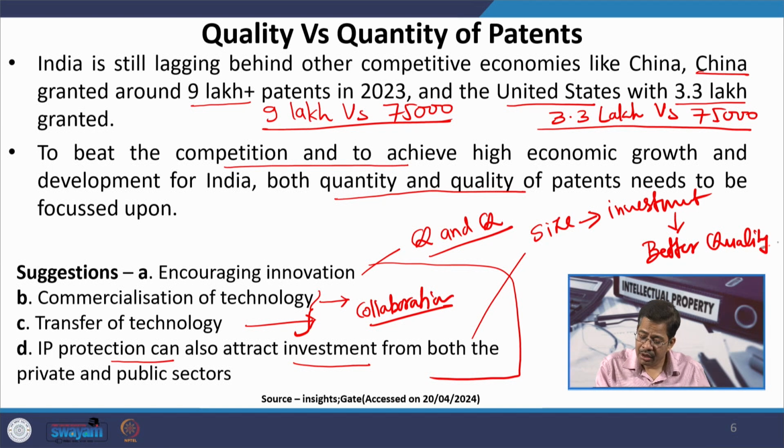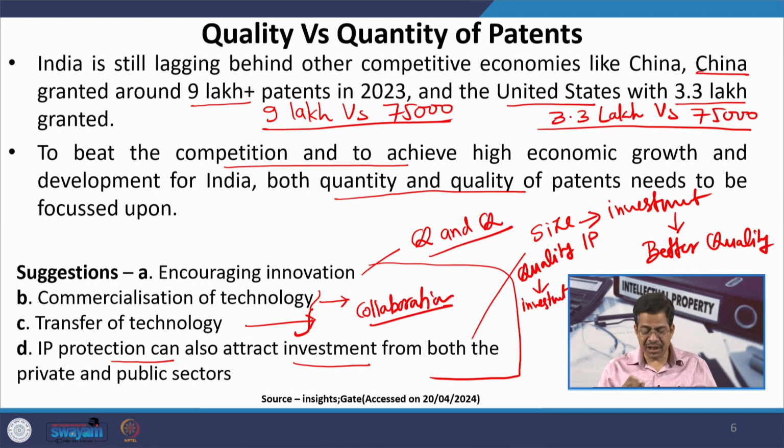However, the opposite is also true. If you have a better quality IP, it will be a good source of revenue, a good source of technology transfer, and that attracts investment.